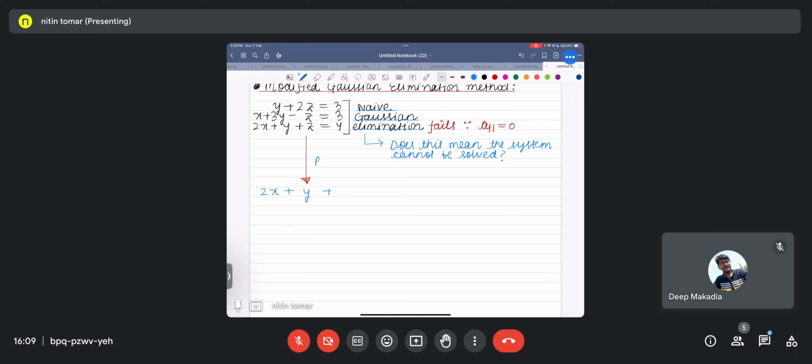So R2 goes to R1. Am I correct? This double arrow sign means interchange. And y plus z equal to 4, it is 3. And the second row will be as it is.